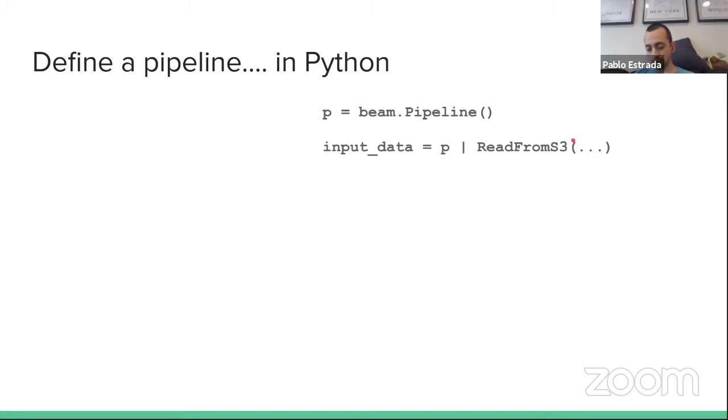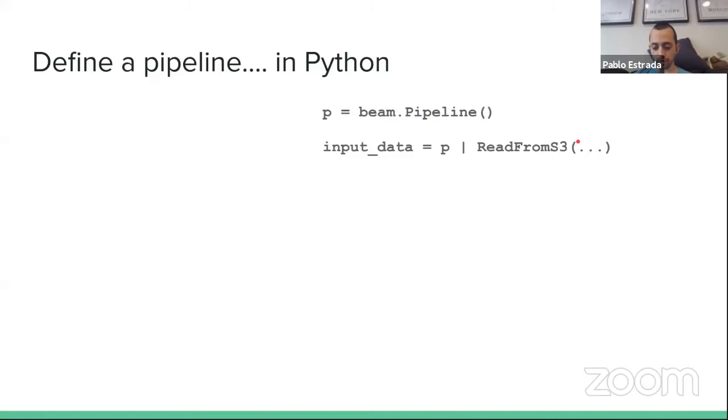Now this throws people off sometimes, but in the Beam Python SDK, this is how we say apply an operation to this PCollection or to this pipeline, all right? So what we're saying in this line is take your pipeline and apply this operation to it, where you say read some data from S3.